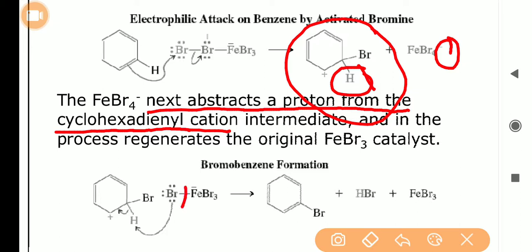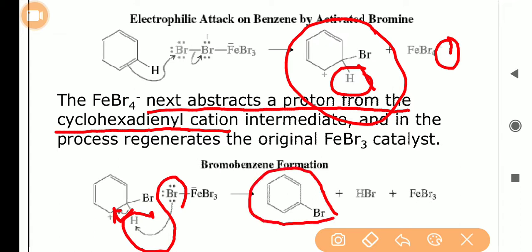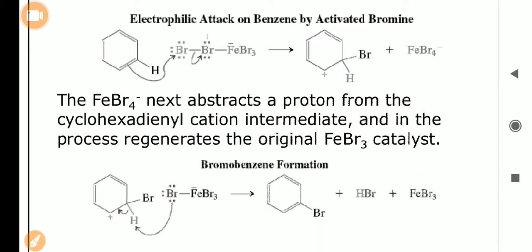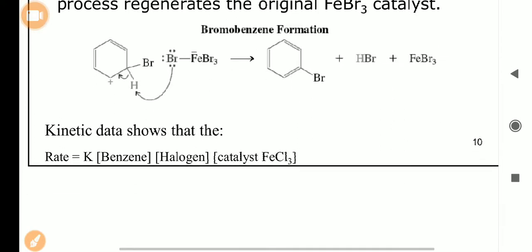One of the bromine atoms comes and takes this hydrogen away, and the bonds shift toward this side. The bromobenzene product is formed, and HBr is removed, and the Lewis acid remains as it is because it is used as a catalyst. So the mechanism is completed, and now we study the kinetics.